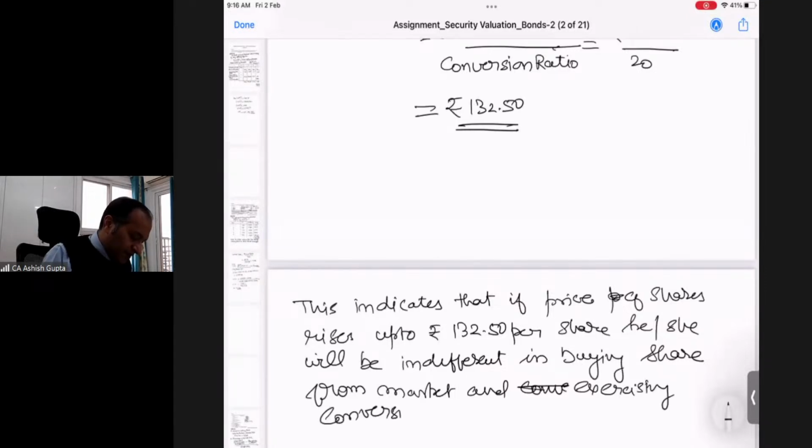So it means at this price, he will be indifferent.